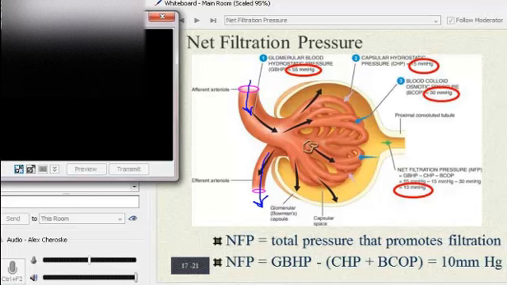Okay? Now it's kind of interesting because the body, through sympathetic control and stuff like that, can actually adjust the diameter of the afferent and the efferent arteriole, just like I was talking about doing in the shower. That way, you can maintain the pressure in the glomerulus. So regardless of what's going on in all the other aspects of the cardiovascular system, if the blood pressure is high or low, like we were talking about before, we can make sure that the kidneys are able to do their job and control it locally.